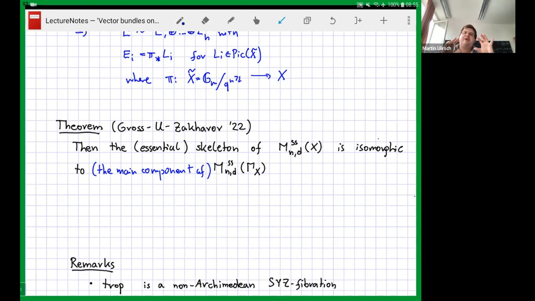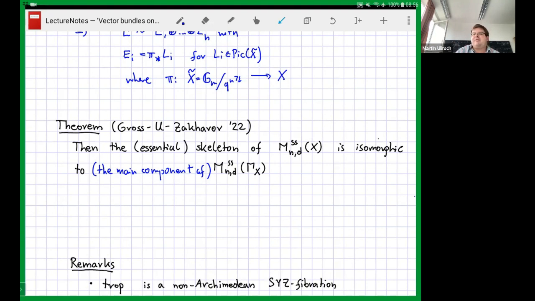So the Higgs field and vector bundle split. Then you can independently look at the skeletons of this moduli space and the Higgs field moduli space, and also get, using our methods, as a consequence of this theorem, a non-Archimedean interpretation of the SYZ fibration for the moduli space of semi-stable Higgs bundles on a Tate curve.